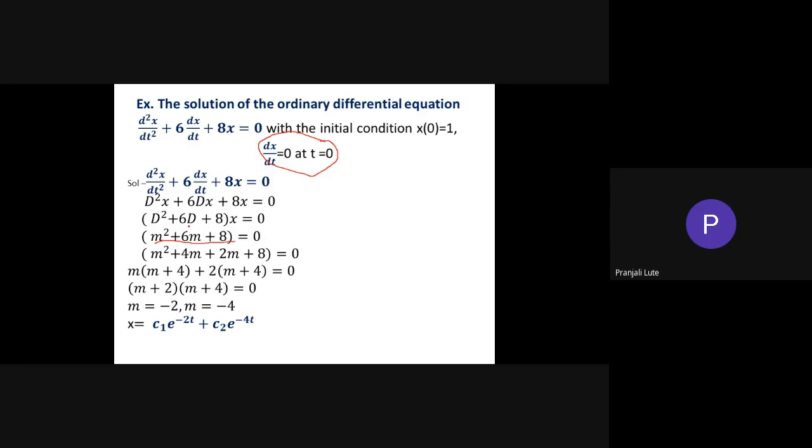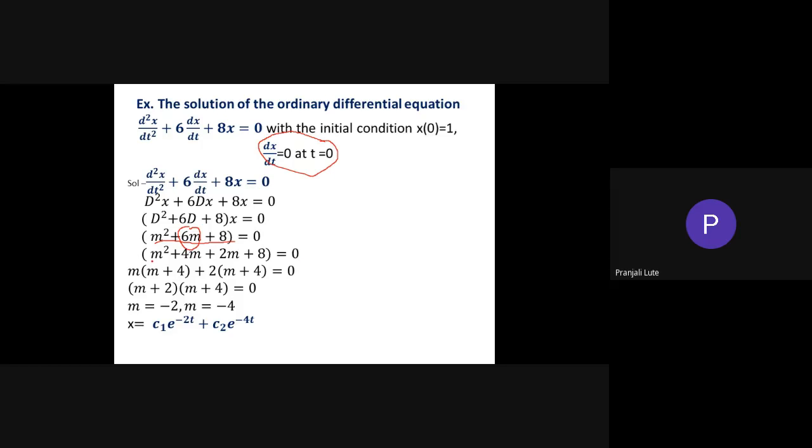Again, how to split the middle term? We have to select two numbers whose addition is 6 and whose multiplication is 8. So these two numbers are 4 and 2. Addition is 6 and multiplication is 8. So we split 6m as m square plus 4m plus 2m plus 8 equal to 0.